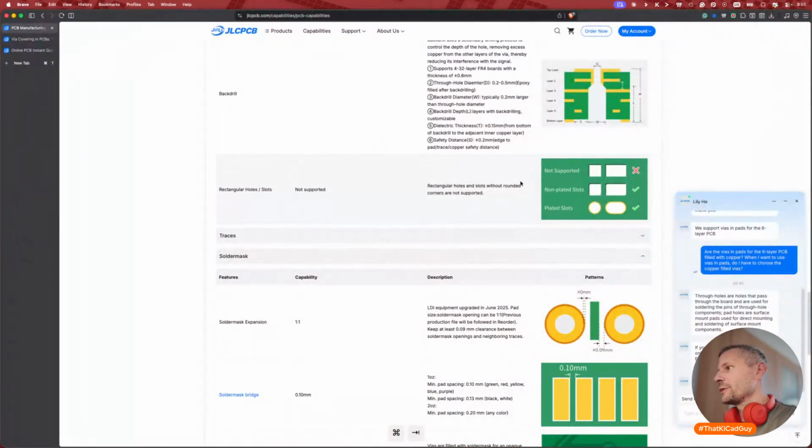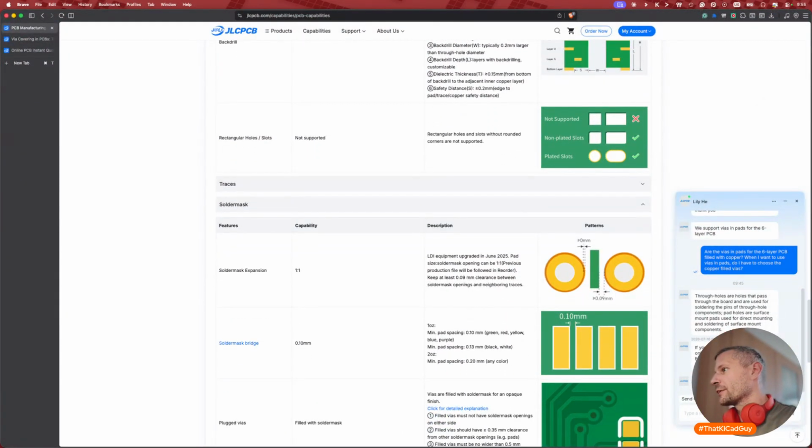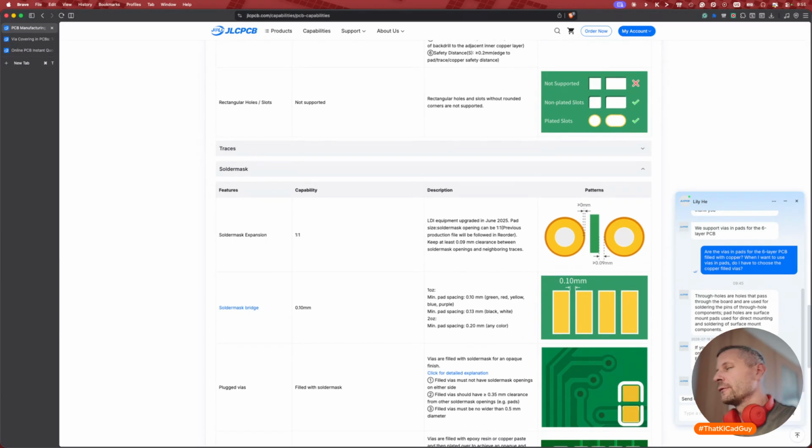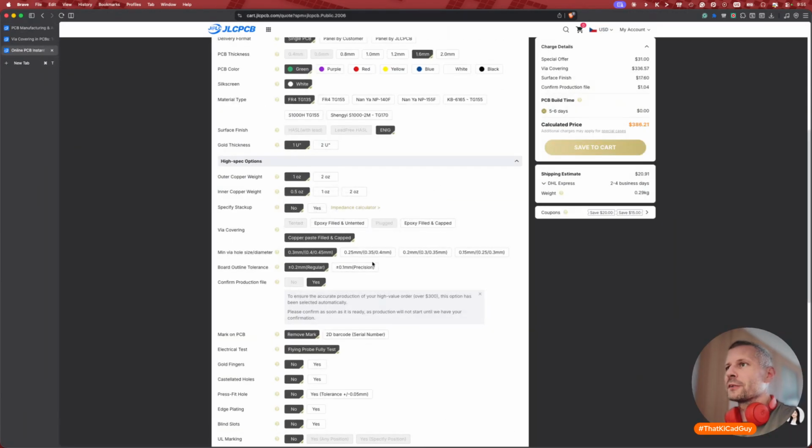What about the JLC PCB? If you select a 6-layer board, the only option we have by default is epoxy filled and untinted, and epoxy filled and capped. That's not true, because there is the copper paste filled and capped option. Yeah, ideal for via in pad and heatsink pads.